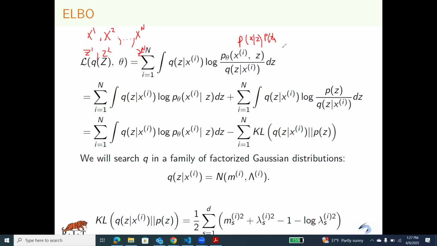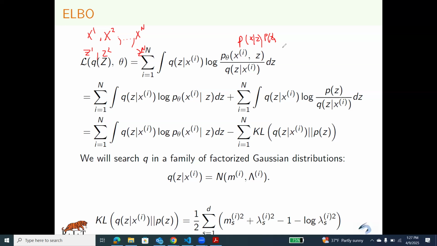Okay, now we want to learn Q. And now we need to make some assumptions. Our assumption will be that we will use the so-called factorized Gaussian family.